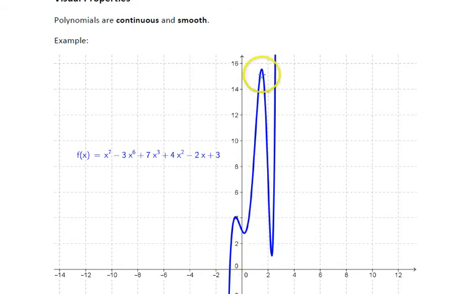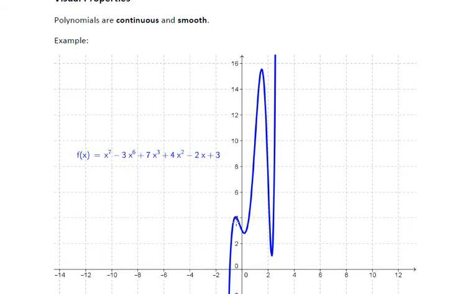There are no breaks in it. If you were drawing it, you would not have to lift your pen off the drawing surface. These ends here keep going up, and this one keeps going down. But there are no gaps in it, no breaks in it. That's the meaning of being continuous.